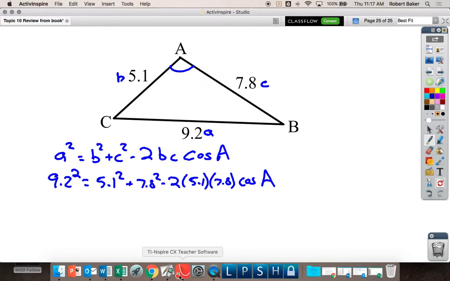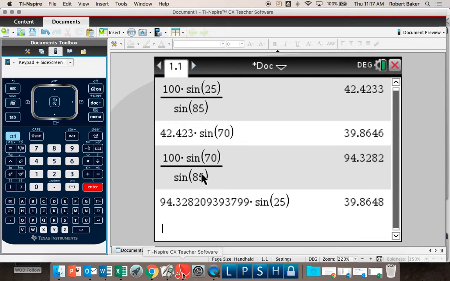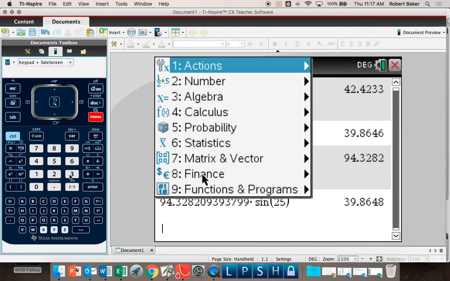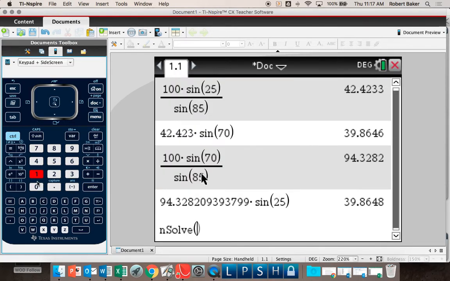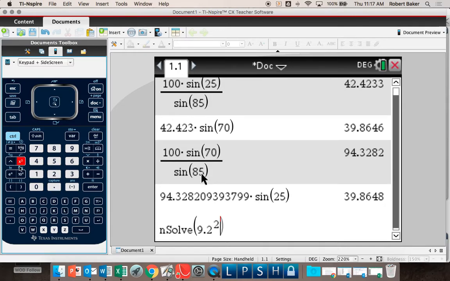So when you're using the cheater method, we're doing menu, algebra, solve, right? Menu 31, that's going to solve it for us. We type in exactly what we see on our paper, which is 9.2 squared equals 5.1 squared, 7.8 squared, minus 2 times 5.1 times 7.8.